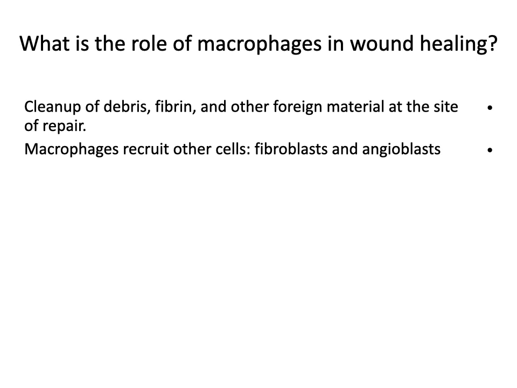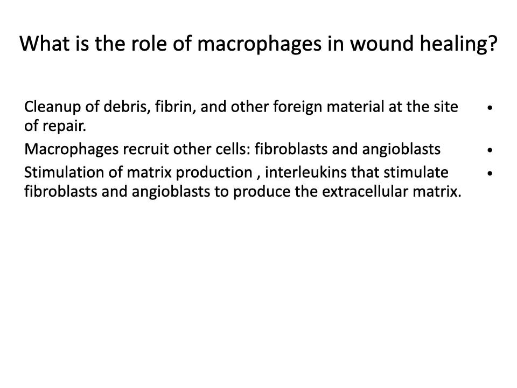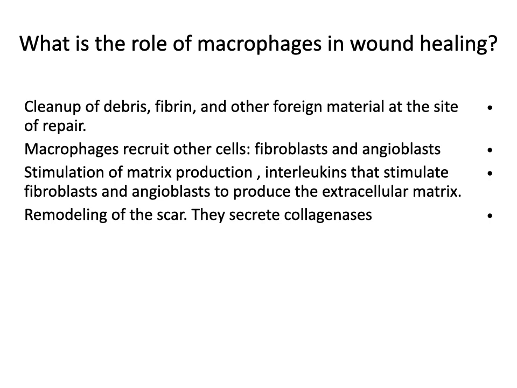Angioblasts are the precursors of endothelial cells. Okay, they also stimulate matrix production. And then as a result, they will also secrete other cytokines that serve to remodel the scar to try to remove the excess collagen formation.